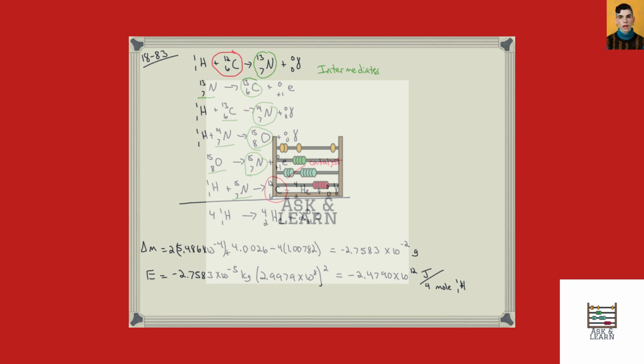It wants to know the energy that is released per single mole of protons. So we simply need to divide 4 into this value to get our overall value of negative 6.197 times 10 to the 11 joules per mole of protons that react in the overall reaction.